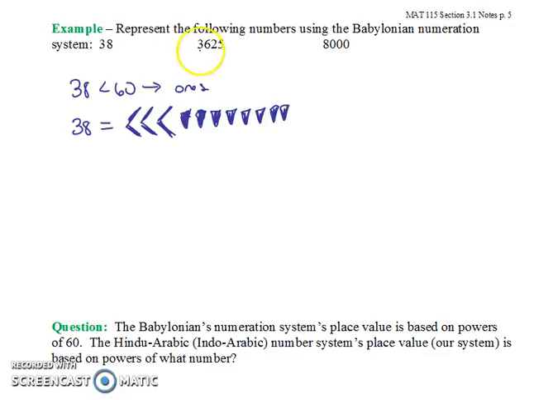So easy enough. Now it gets a little bit more complicated when you go up to 3,625. You're going to divide by powers of 60. So I'm going to take 3,625 and I'm going to divide by powers of 60 to see how many of each one goes in there.